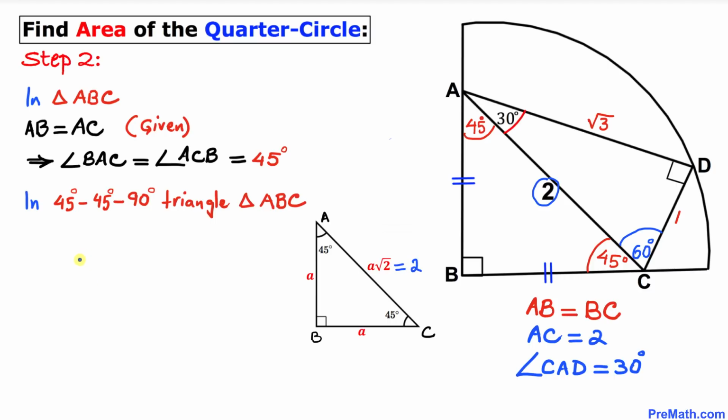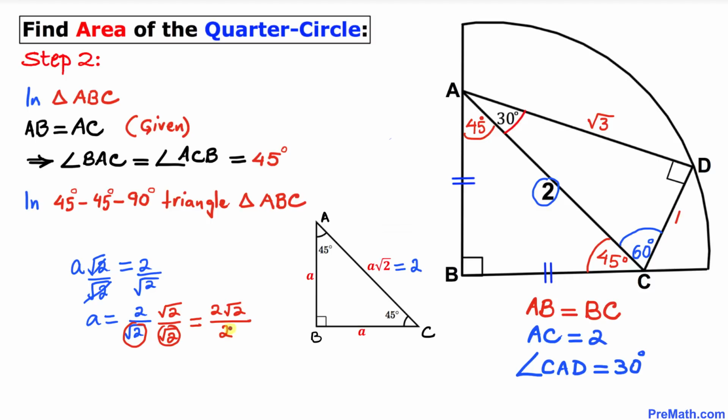Let's do that. I'm going to write down A times square root of 2 equals 2. Let me isolate A by dividing by square root of 2 on both sides. So A turns out to be 2 divided by square root of 2. Let's rationalize this. This is going to give us on the top 2 times square root of 2, and at the denominator square root of 2 times square root of 2 is going to give us 2, and here 2 and 2 are gone.